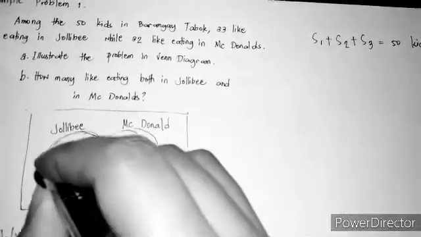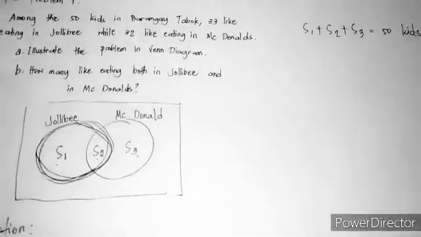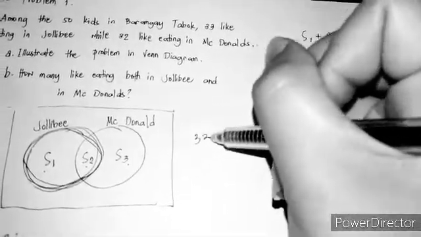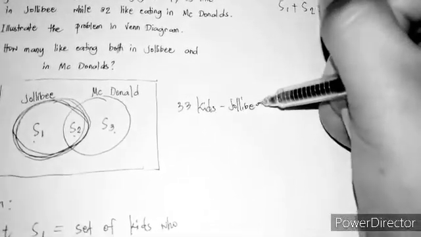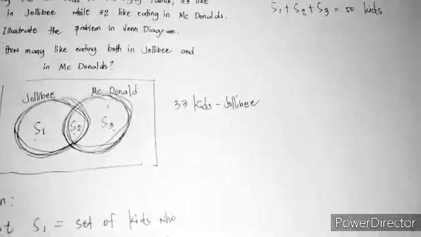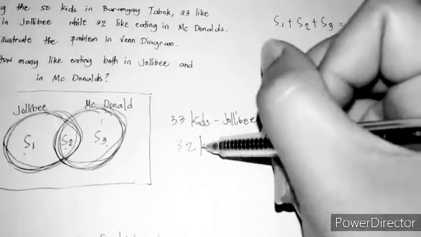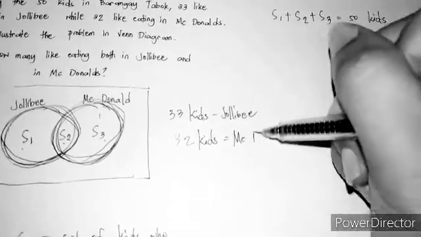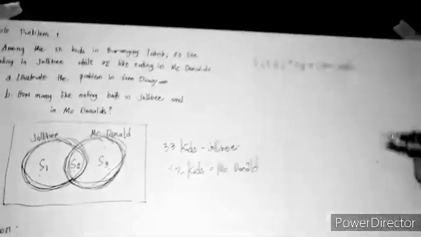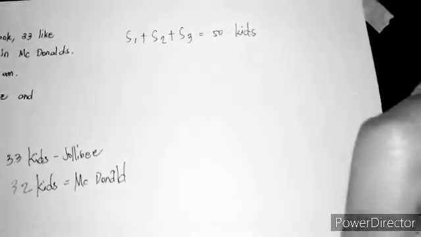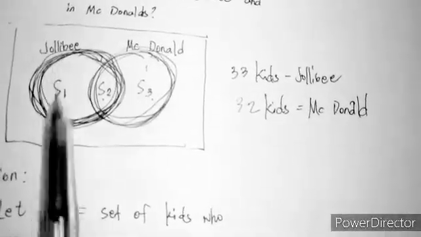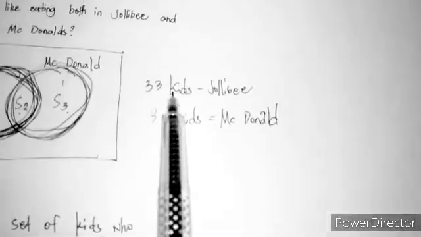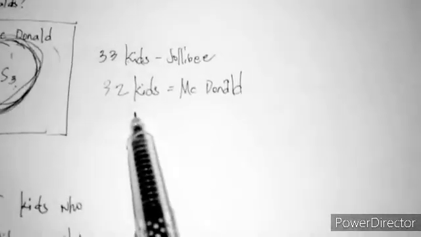As we all know, 33 kids ate in Jollibee and 32 kids ate in McDonald's. S1 and S2 together are those in Jollibee, so adding S1 and S2 gives us 33. And adding S2 and S3 gives us 32 kids.